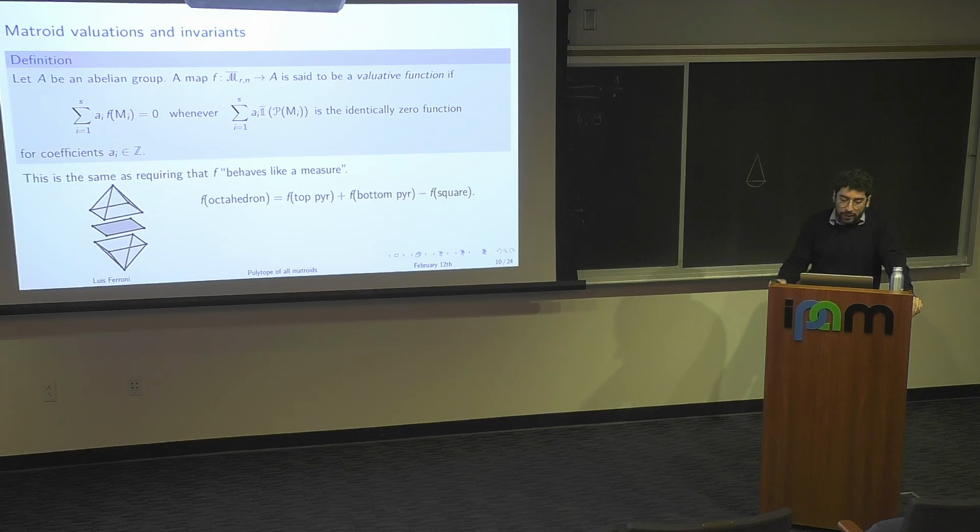Okay, so now that I showed you these indicator functions, I want to define a special class of functions on the space of matroid polyhedra. Give me any abelian group that you like, for instance the integers or the univariate polynomials in the variable x over the reals, whatever you like.